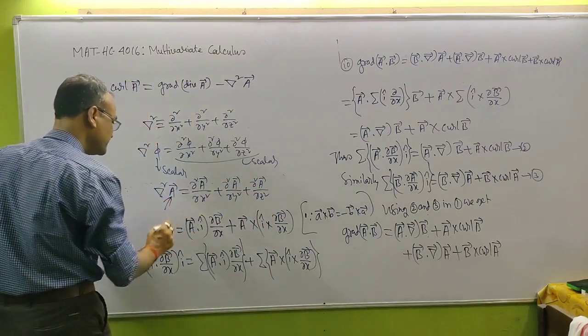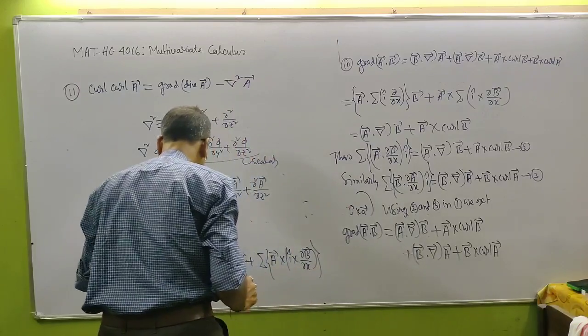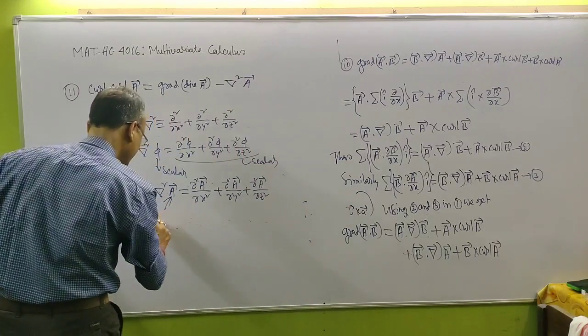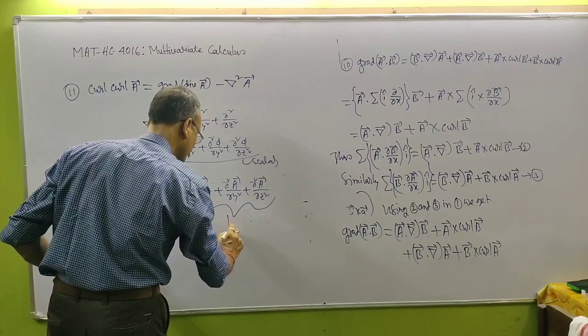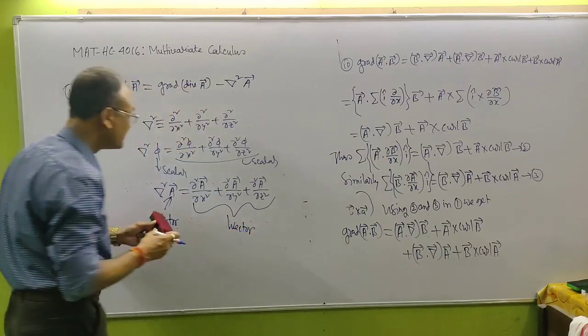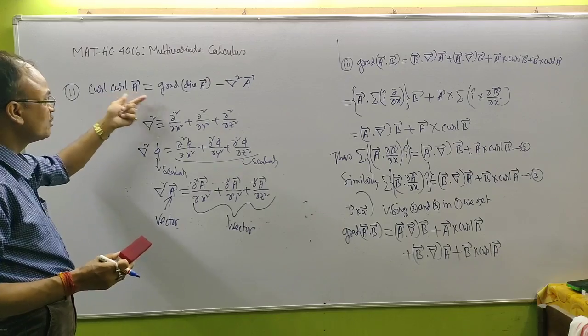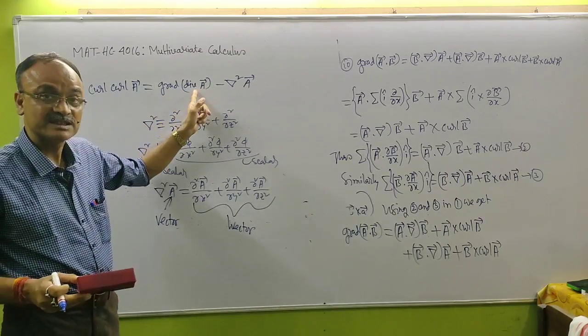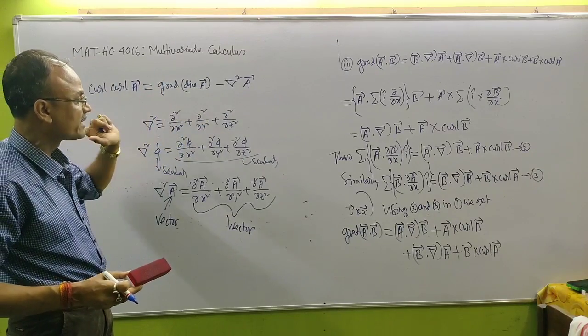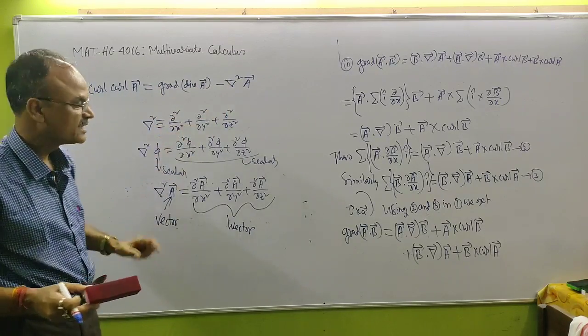It is vector, which means this will be again vector. It is scalar, therefore it will be vector quantity. You see divergence of A vector is a scalar quantity. Gradient of this scalar will be a vector. It is vector, it is also vector.